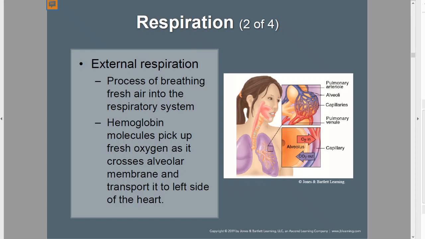Adequate ventilation doesn't always guarantee that external respiration is going to work, because again, the hemoglobin picks up fresh oxygen as it crosses the alveolar membrane, because it's those red blood cells again.